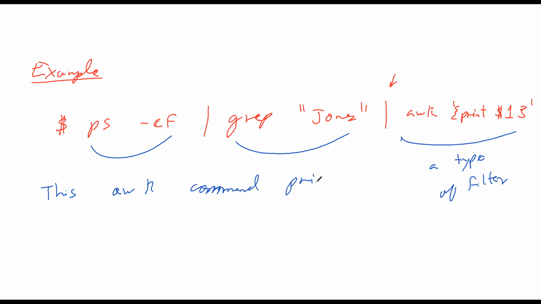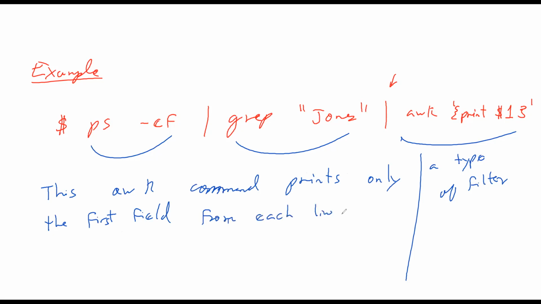So this awk command prints only the first field from each line. So in essence, the column, right? So from each line of the ps output passed to it by grep.